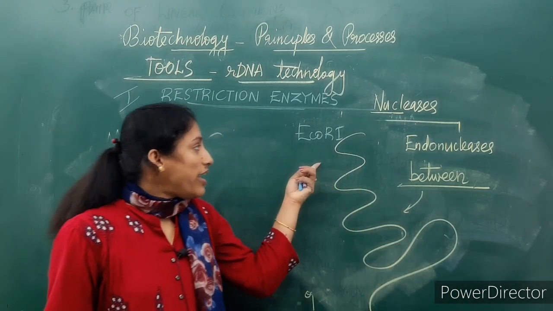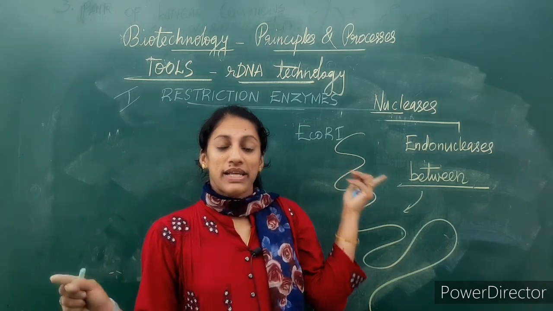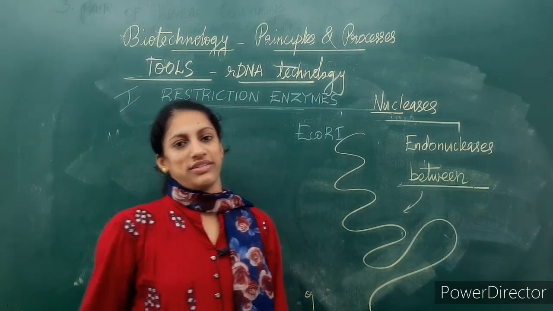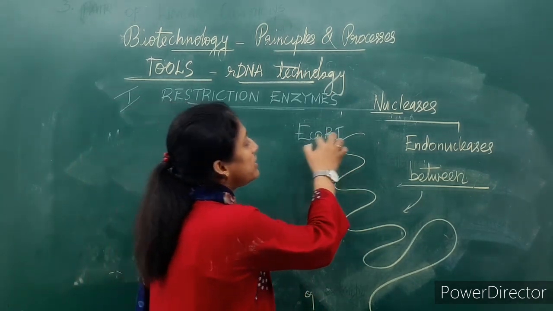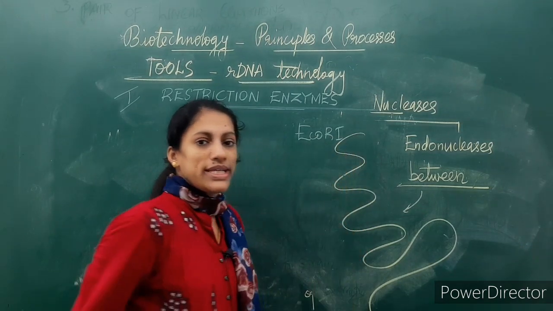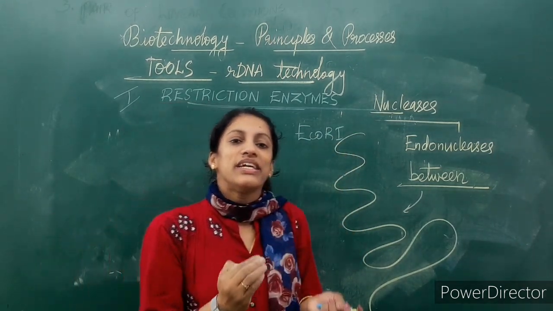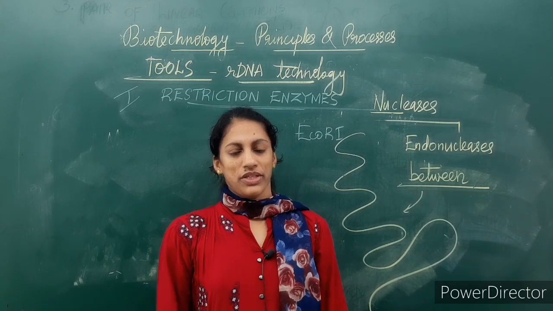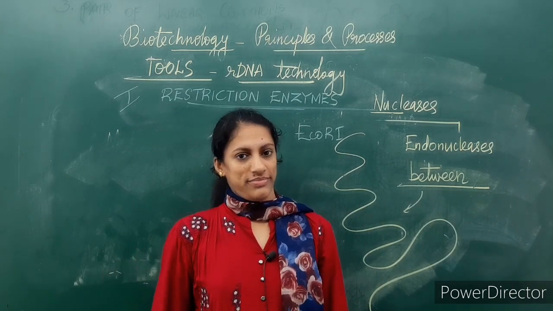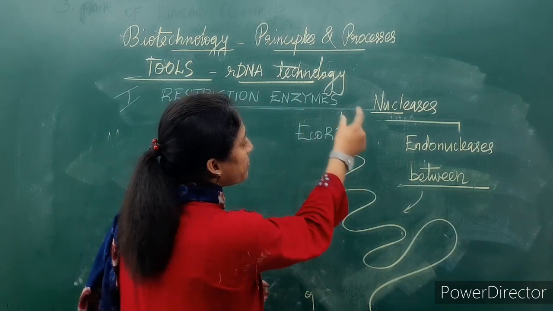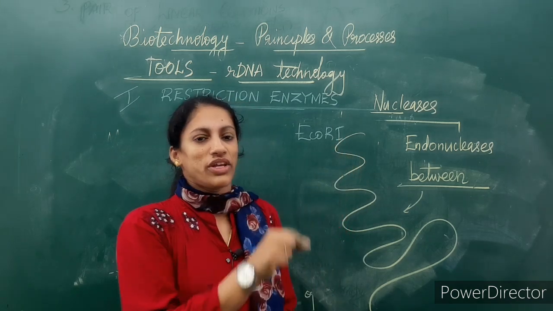Impossible. Every restriction enzyme has a specific site to cut. Where EcoR1 is able to cut, that region is called its restriction site, its cloning site. So the restriction enzyme can cut only at a specific portion.